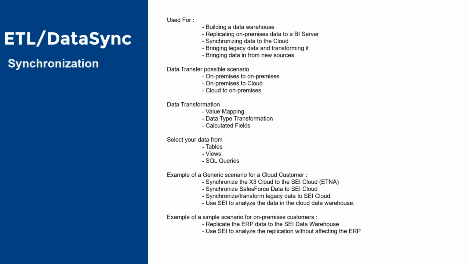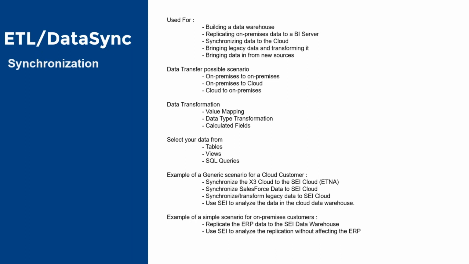So we can perform a transformation on top of that with one-for-one mapping, type transformation, and also creating calculated fields on the fly to maybe add extra digits to the customer code because it's a little bit different. What's fun about it too is that we're able to synchronize the data through tables by using views, and also by SQL queries if we wanted to create something dynamic.